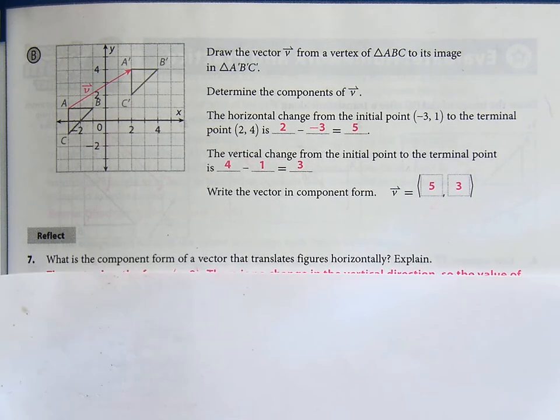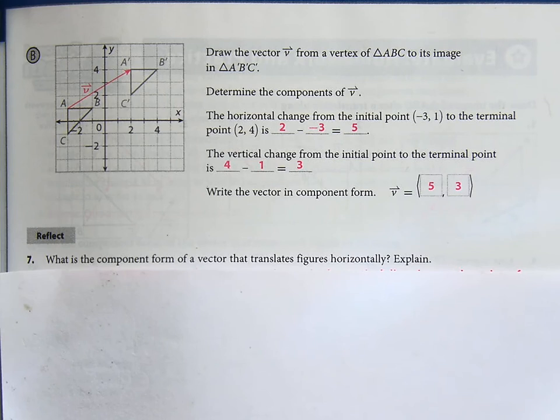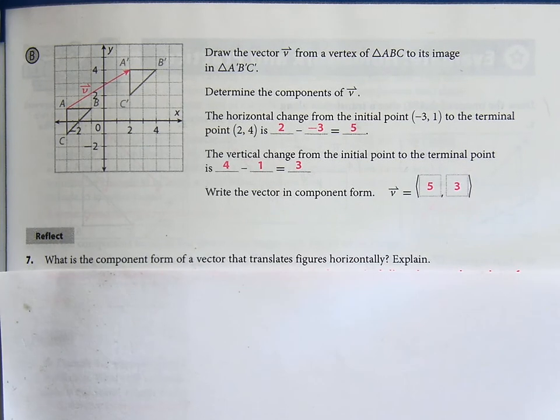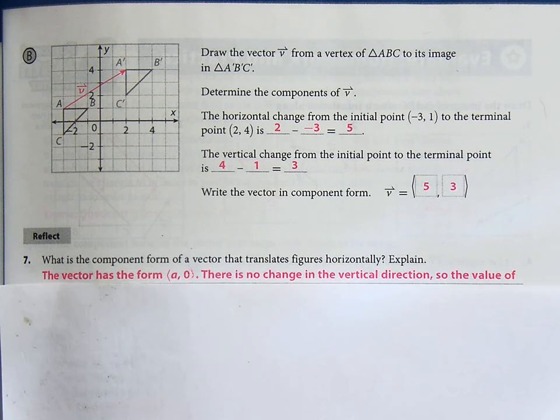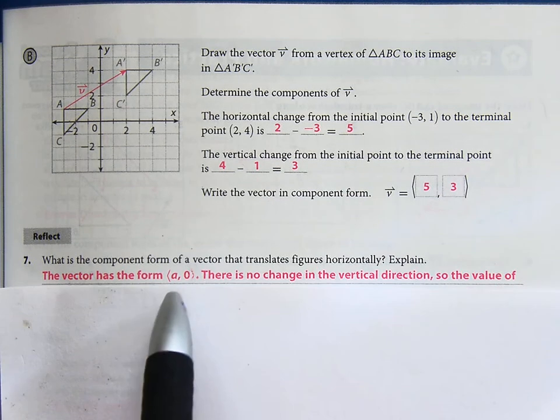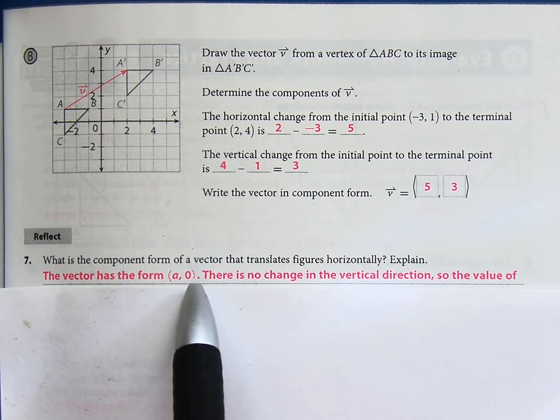So what is the component form of a vector that translates figures horizontally? Explain. What would the component form of the vector look like if we are translating something horizontally? That would be a number, comma 0.